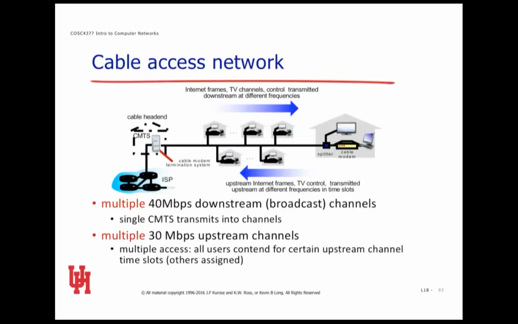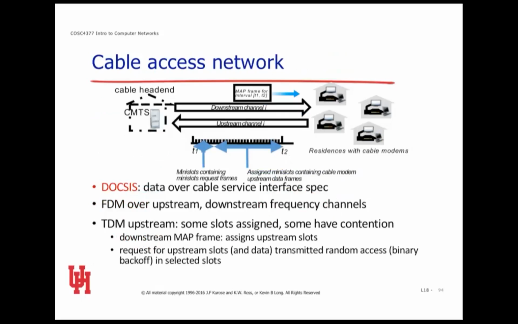Cable access networks have shared bandwidth as well. So usually for most apartment complexes, if you look at the cable modem box, the light's blinking even if you're not using your PC because you're sharing that with someone else. So they broadcast the data out for everybody, and then you've got some upstream channels where you try to pull this stuff together. So they have an interface standard that defines how they mitigate this.